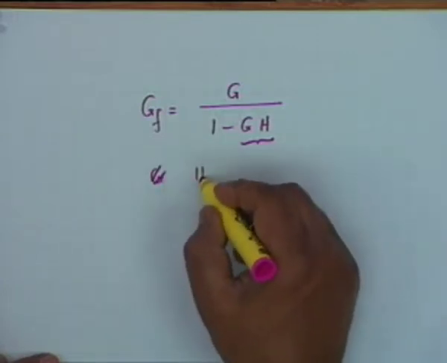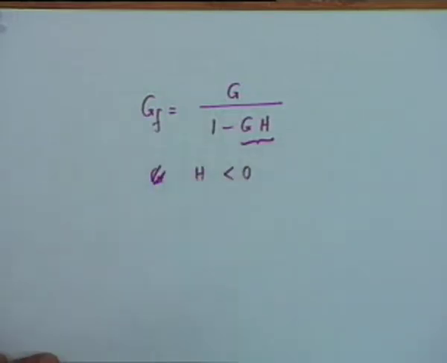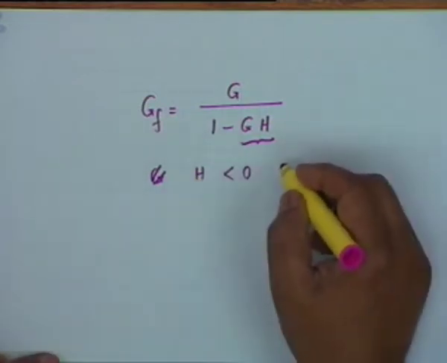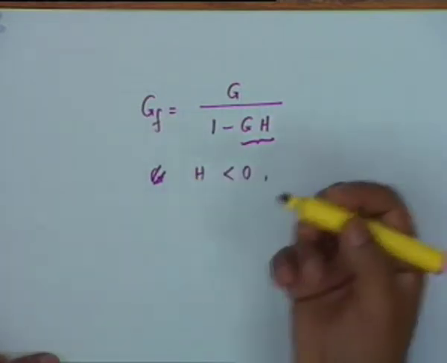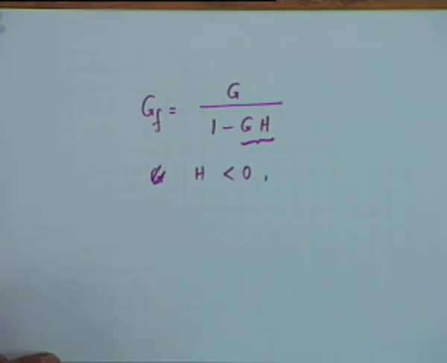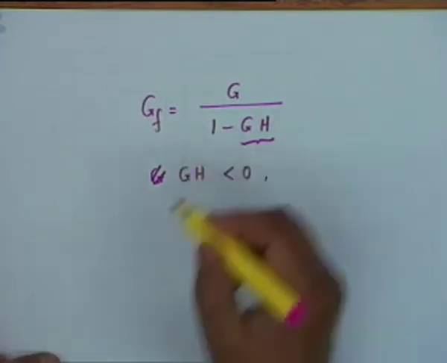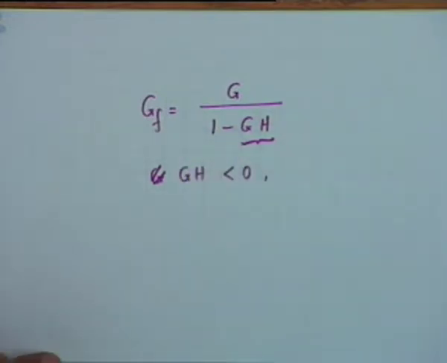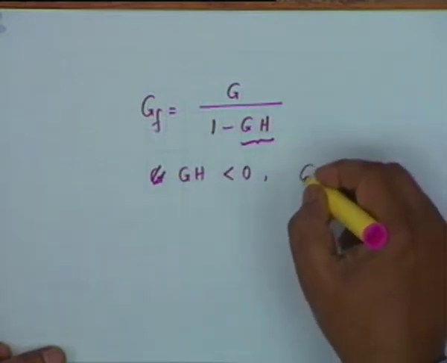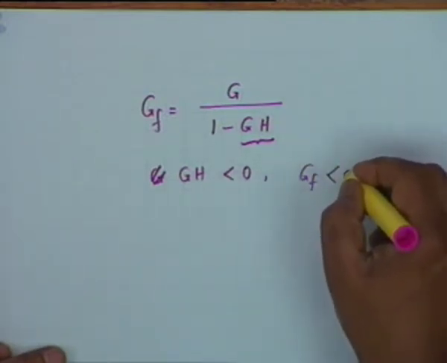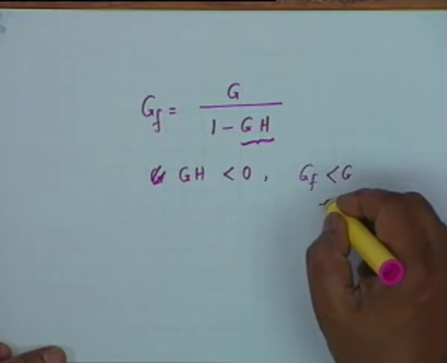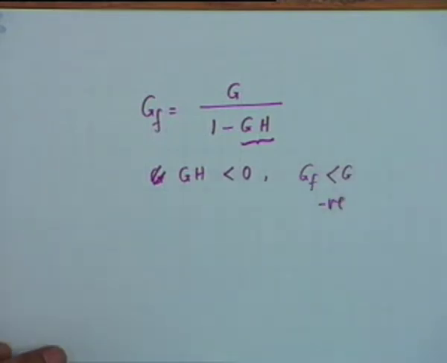Suppose GH is less than 0, the product GH is less than 0. Then obviously, if G and H are real, Gf shall be less than G, and the feedback shall be negative feedback, because the gain is reduced.